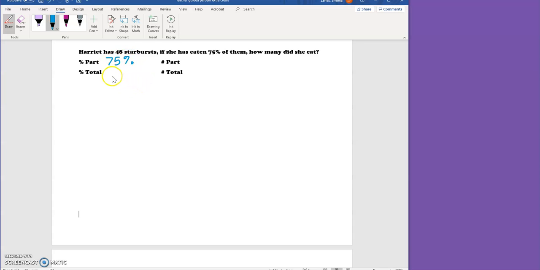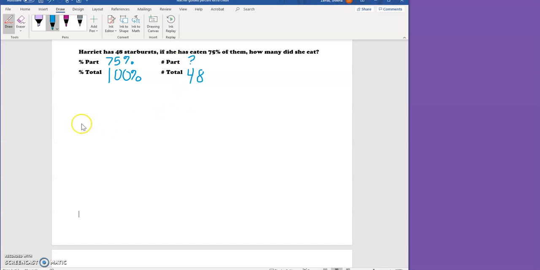And we also know it's the part because we know the total will always be 100%. So now I need to decide, is this number given to me representing part of the problem or the total amount? Okay, it's telling you how many she has, and we're looking to find out how many she's eaten. So 48, the amount that she has, is the total, and we're looking to find the part.